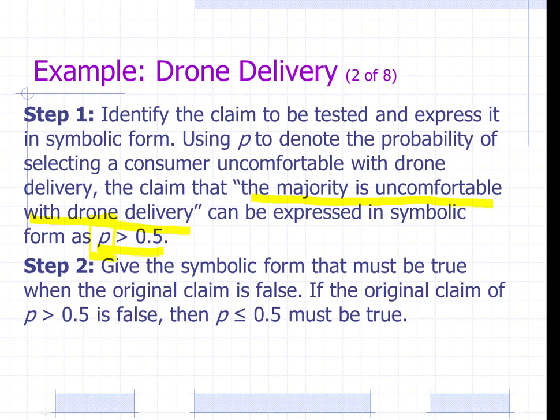We always use the parameter. So we're going to use P, not P hat, in our hypotheses. So then if P is greater than 0.05 is our alternative, then I'm going to change this to P is equal to 0.05 must be true.